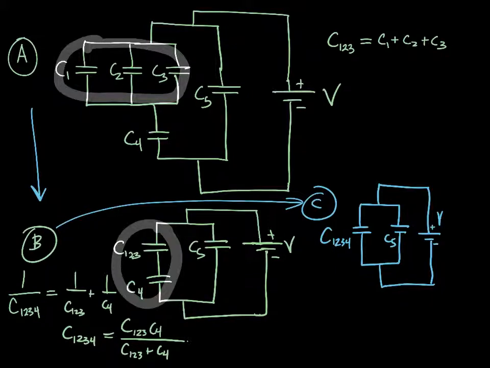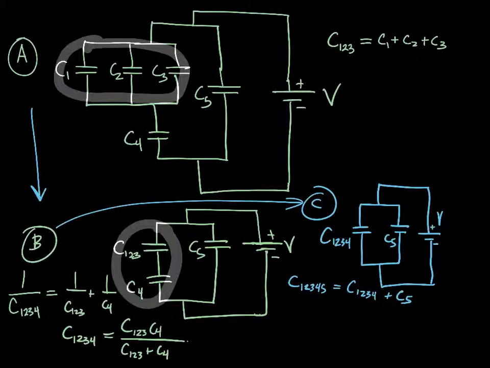So now that big circuit keeps shrinking down to something smaller. And in our next one, all we have to do is add these. C1,2,3,4,5 will just be C1,2,3,4 plus C5 because they're parallel. So we only have two options: either we're adding them simply, arithmetically, or we're adding them in their inverses, which can get more complicated.